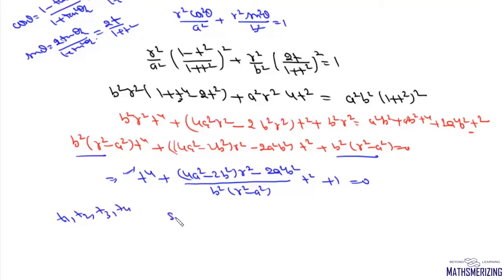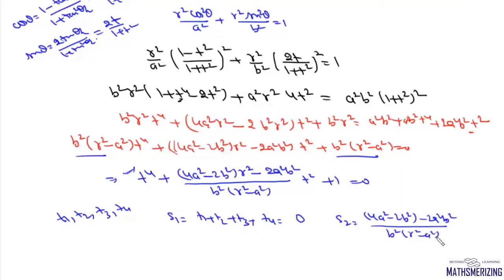Now if we write s1, s1 will be t1 plus t2 plus t3 plus t4, and this value will be 0. s2 will be (4a square r square minus 2b square r square minus 2a square b square) upon b square (r square minus a square). What is the value of s3? s3 is 0 and s4 is simply 1.